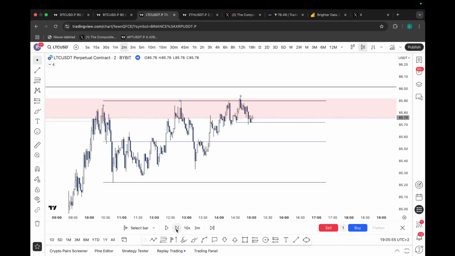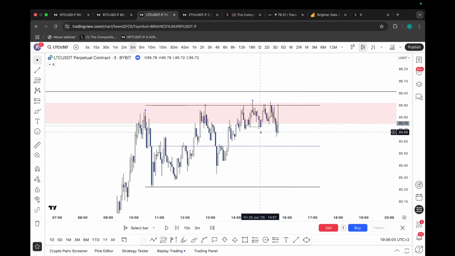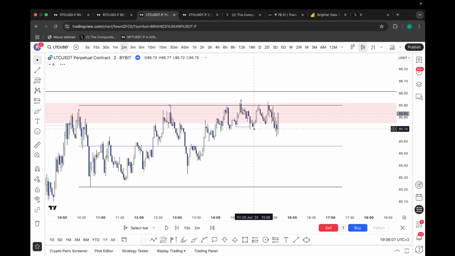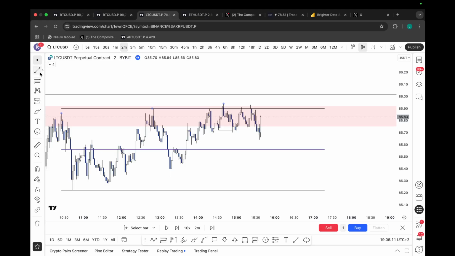We can see price SFPs that low and then simply goes back up again, starts kind of ranging in here. So we SFP this market structure low right there, SFP that low, and extend the market structure low to right here.